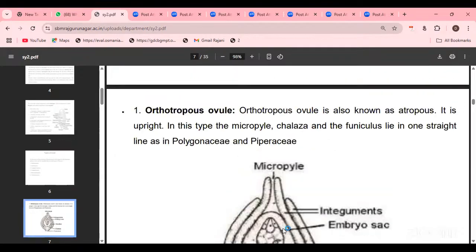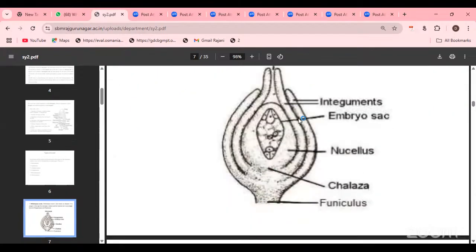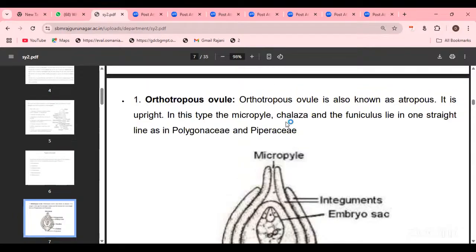Here, the orthotropous ovule is also known as atropous. It is upright. Here the micropyle is upright, and the micropyle, chalaza and funicle are all in one straight line.